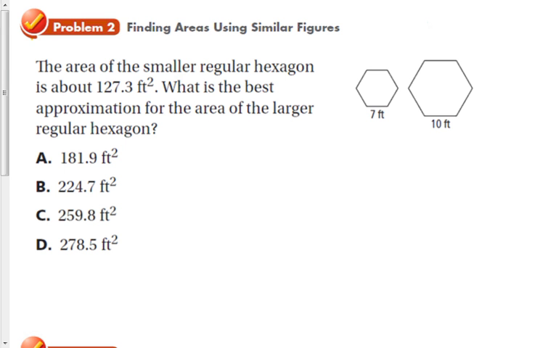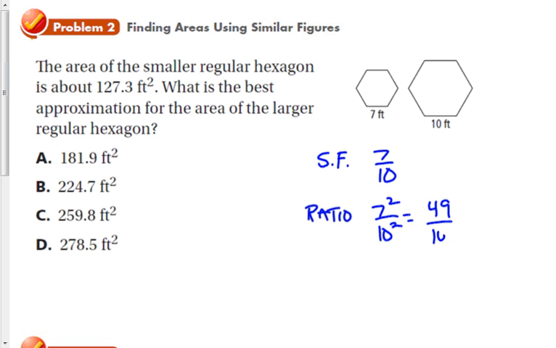All right, in problem 2, we're going to apply that concept to find another area. We know that these two polygons, these two hexagons, are similar. That tells us we have a scale factor between them, and the scale factor will be 7 over 10. So the ratio of the areas should be that scale factor squared, which is 7 squared over 10 squared, which is 49 over 100.